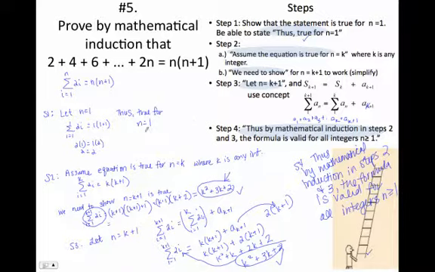We started with 1, we said it's going to work for an integer, and then we proved that it's going to work for an integer plus the next one. So any integer that you can have, the next one is going to hold true.